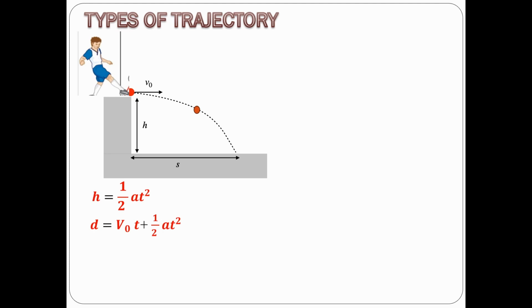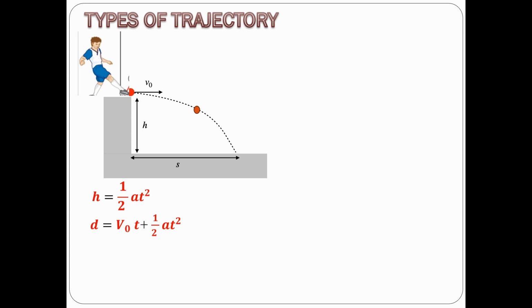In this type of equation, you need to know what direction you are dealing with. Is it in the x direction or in the y direction? In this type of trajectory, we are going to apply this equation along the y direction.